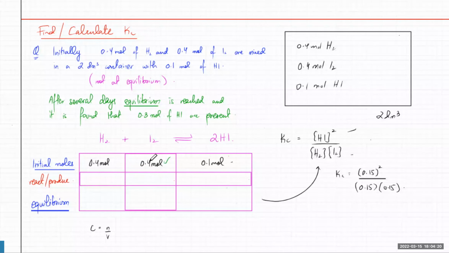Maybe there is some forward reaction. I don't know if there's going to be a forward reaction, but let's assume that there is a forward reaction. When I mixed 0.4 moles of H2 at the beginning, it's not at equilibrium. I've just randomly mixed them together. So अगर यहाँ पे 0.4 moles है, 0.4 moles है, and they're producing 0.1 moles of HI.